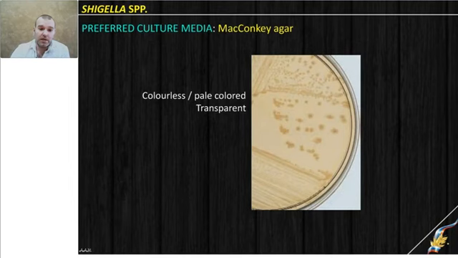As for any other enterobacteria, the preferred culture medium for initial cultivation of Shigella is MacConkey agar. That agar has lactose as the main sugar and an indicator for production of acid, and the primary task of MacConkey agar is to suppress bacteria other than enterobacteria, so only enterobacteria can grow on that culture medium.